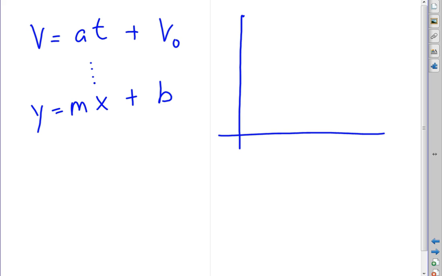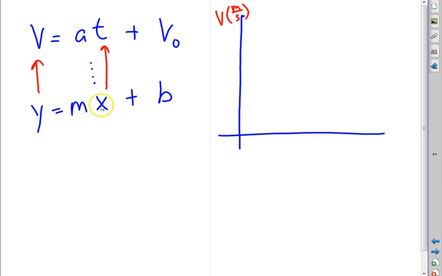So let's draw a graph. Why not? We always do. If we look at the parallelism here, we find that the y in y equals mx plus b corresponds to the final velocity. Okay, so that means that the y, which is the vertical axis, is going to be for the v. So the v is the vertical axis, v in meters per second.